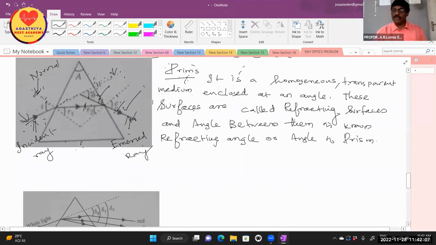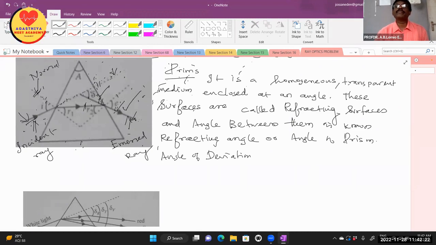Now, based on this geometry, we have three important formulae. How to find the angle of deviation? What is known as the angle of deviation? Take down this.